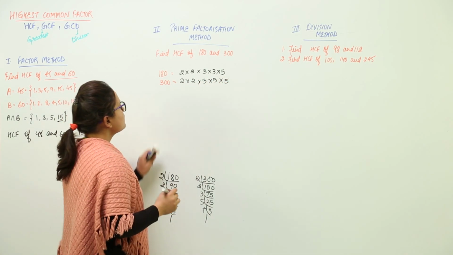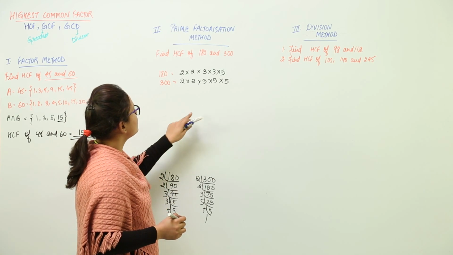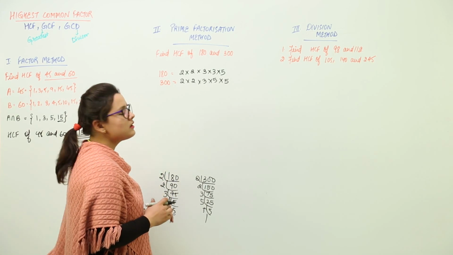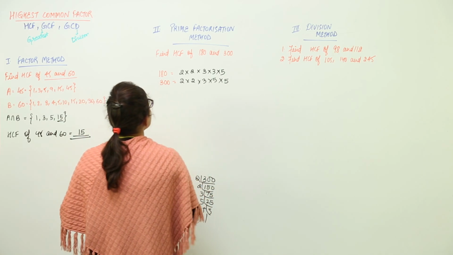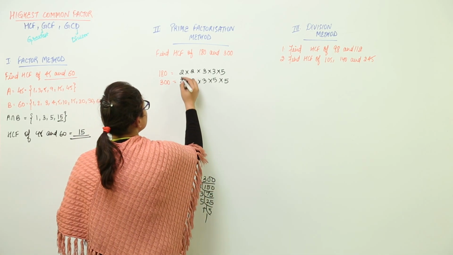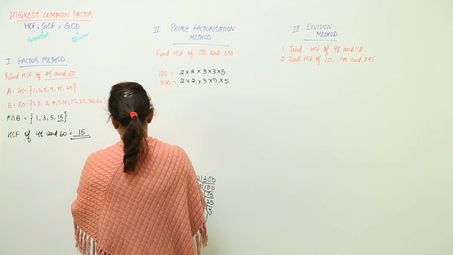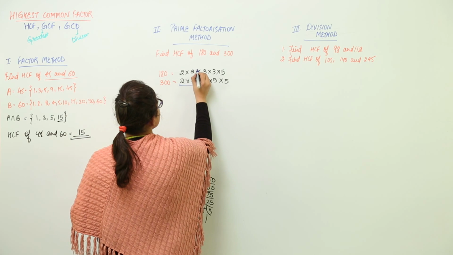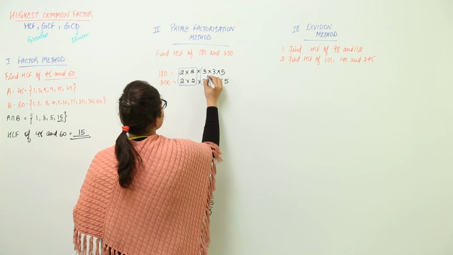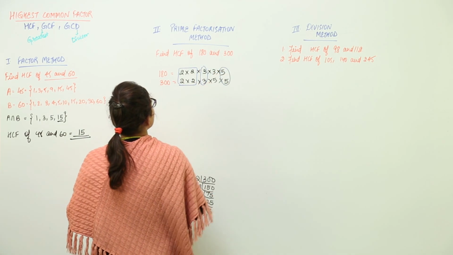Now we can arrange them in the order such that we can get the powers. So what will be the powers for each? Here we can write what will be the common factors in all. The common factors can be highlighted separately like this. These are the common factors. Here we have 3 common and here we have 5 common.